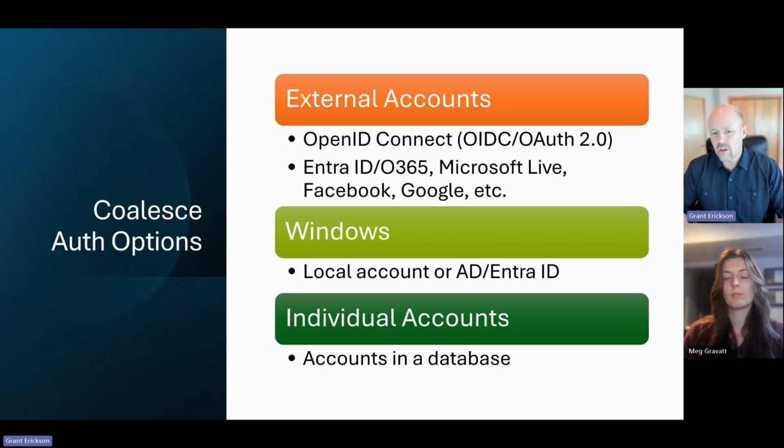Those come out of the box. You can also write other ones, and if there are other providers with NuGet packages, you can pull those in. So you auth with, for example, Facebook, get your credentials back, and let Facebook or Google handle storing the password. So that's one option.